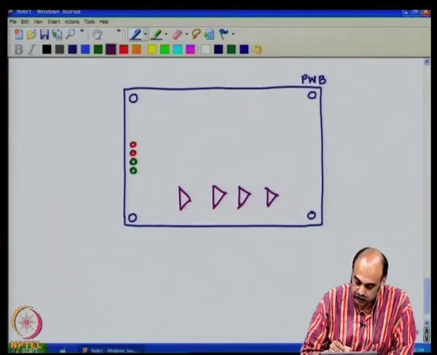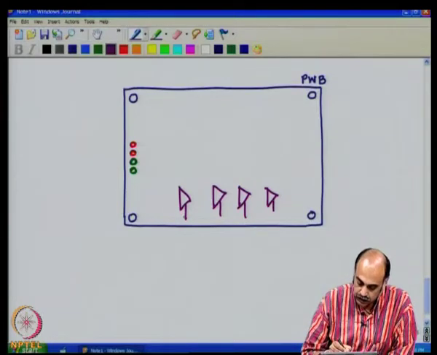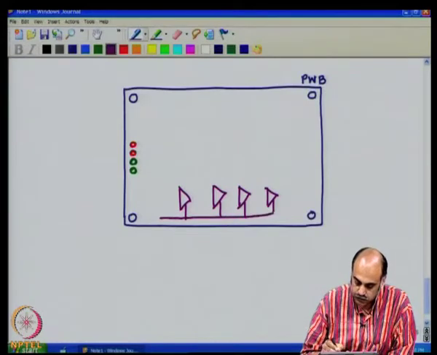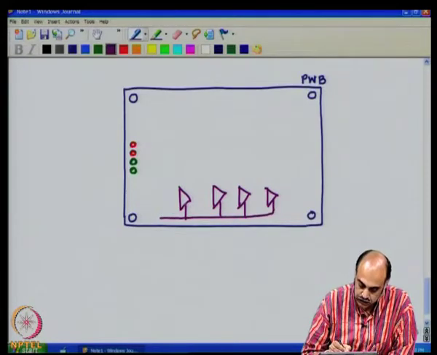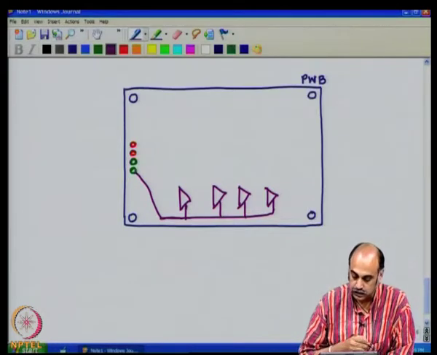Now, all these analog parts will have a ground, and let us say you bring all the grounds, star them at one point, bring them here to the connector.